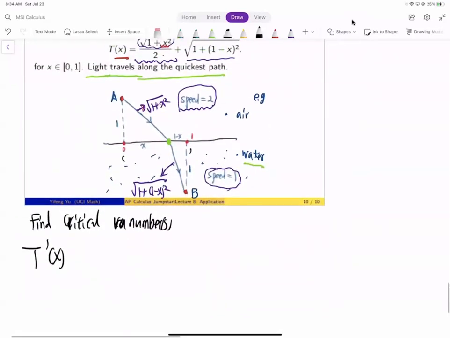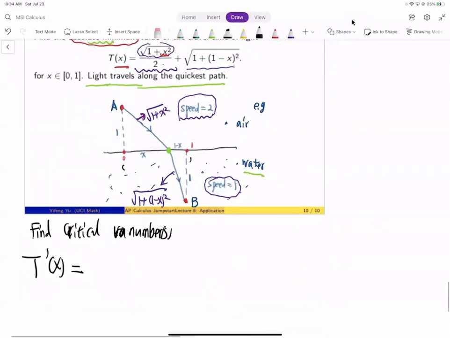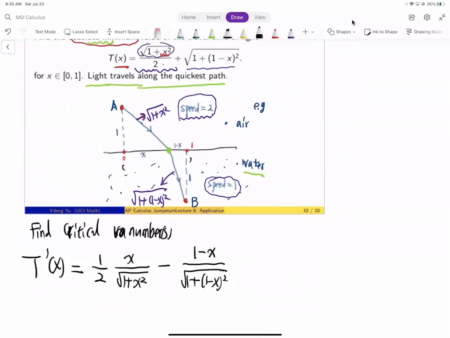This is my T(x). If I take the derivative, I will get 1/2 times x over the square root of 1 plus x squared, and then minus 1 minus x over the square root of 1 plus (1 minus x) squared, and I want this to be 0.